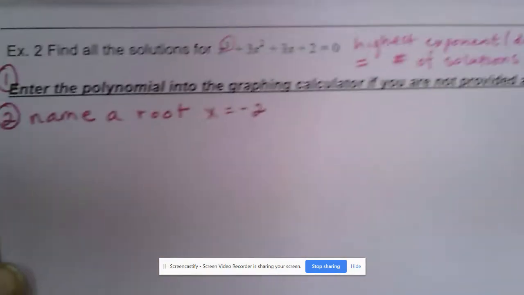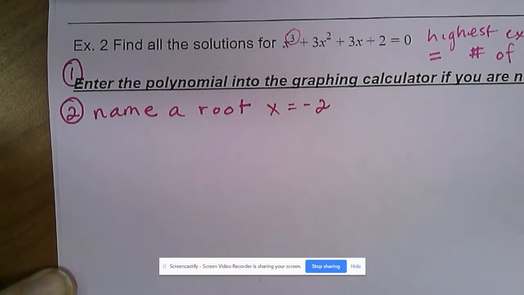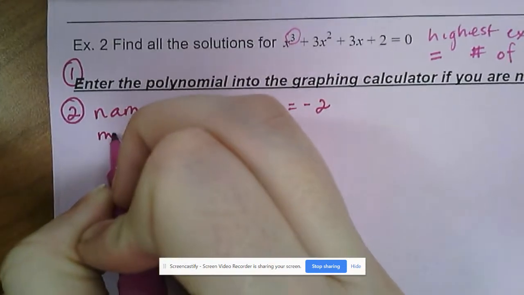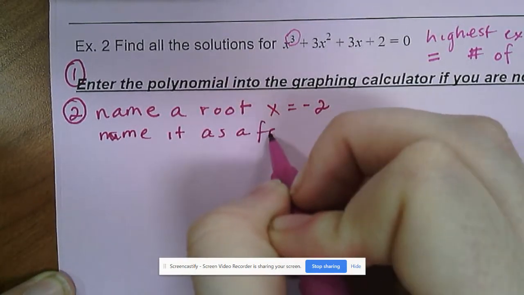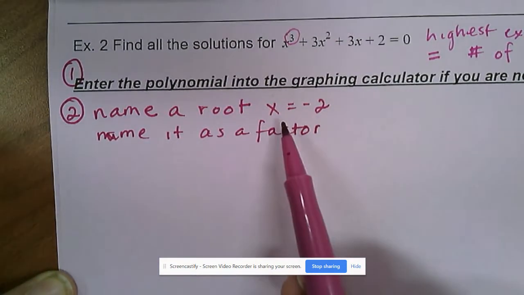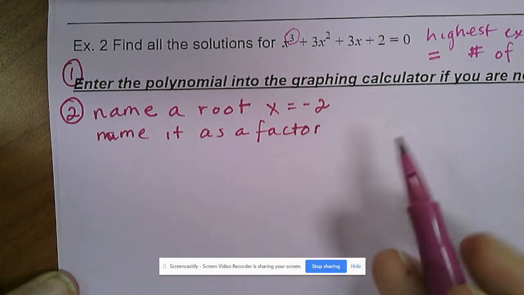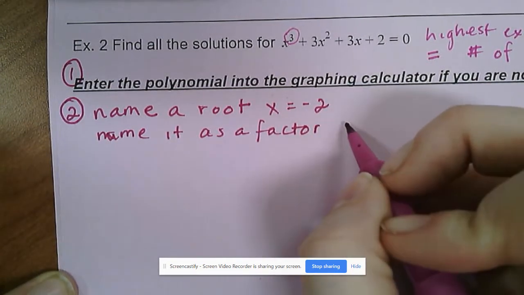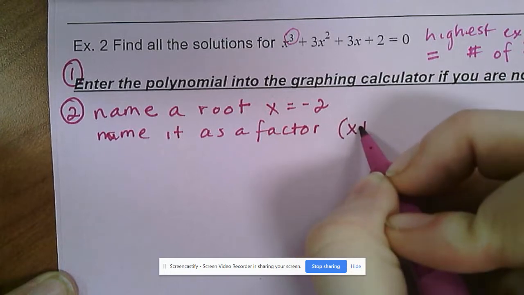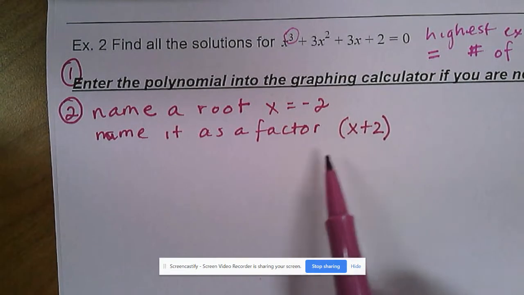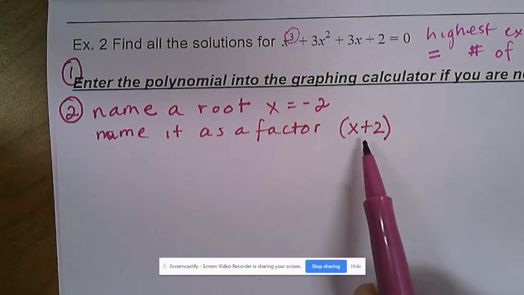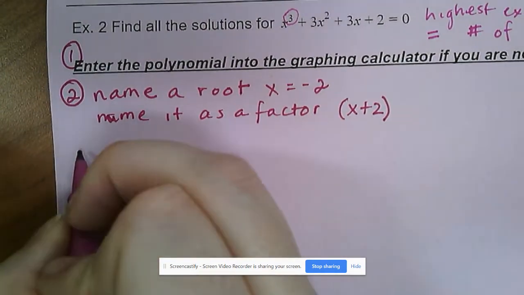Once you have your root, we're going to name that as a factor. So if my root is x equals -2, the factor that would go with it is x plus 2. Now, the reason we're going to name the factor is because of the type of division I'm about to do. I need the factor.